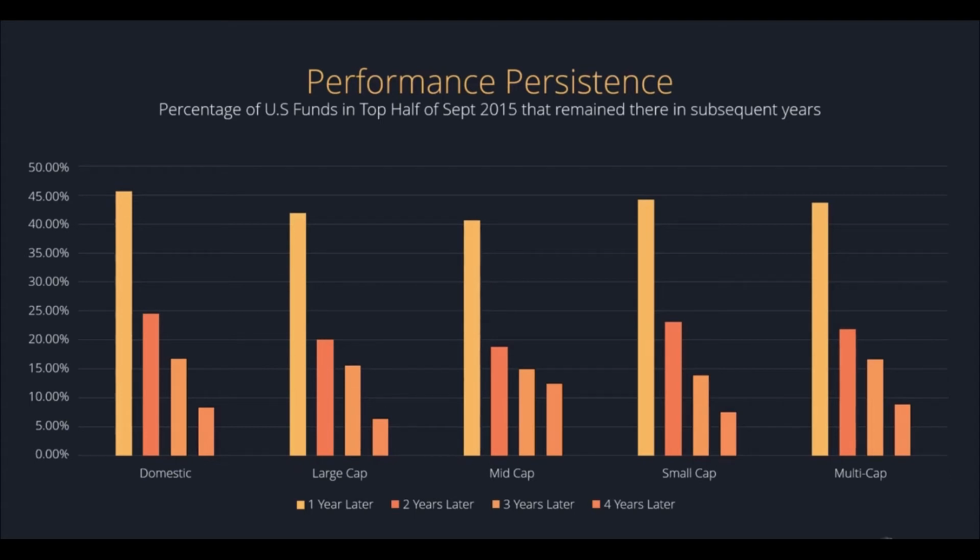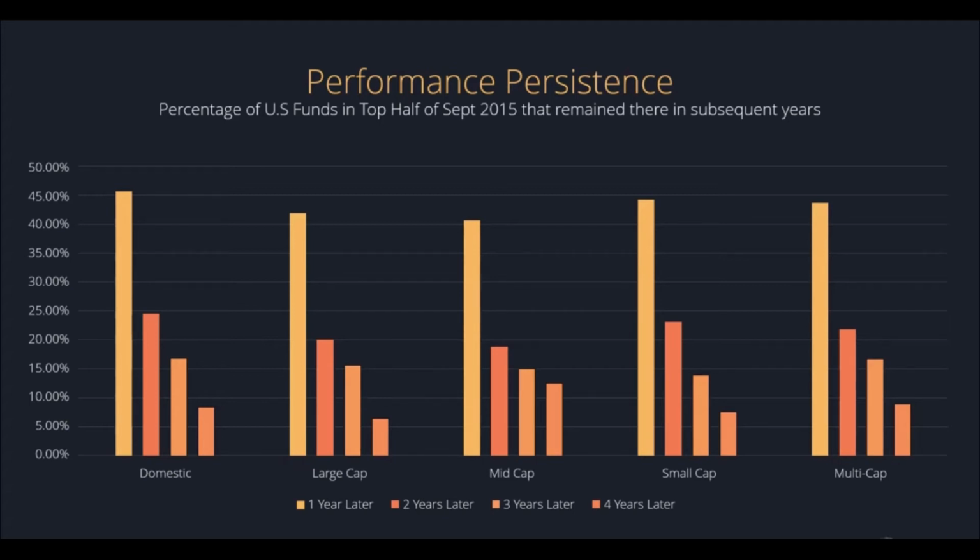So what we're looking at here is the percentage of funds that were in the top half of performance in September of 2015. That first bar shows 1 year later what percentage of them remained in the top half. So approximately 40 to 45% of funds that were in the top half during September 2015 were still in the top half in September 2016.